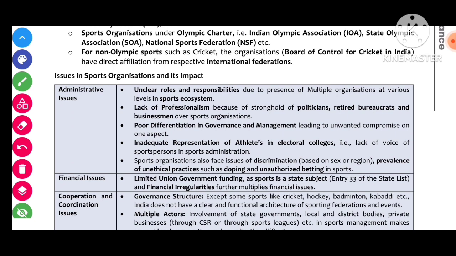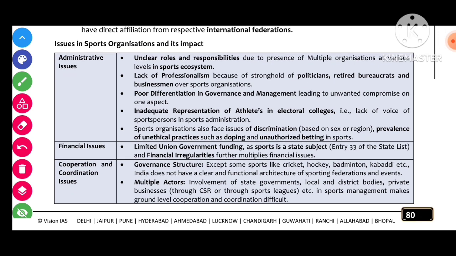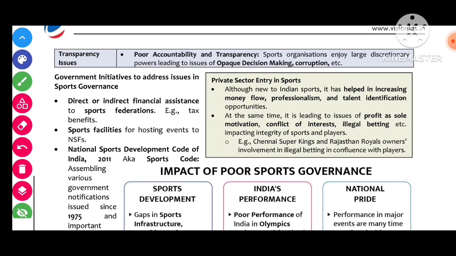And what are the issues in sports organizations and their impacts, such as administrative issues, financial issues, cooperation and coordination issues. So various types of issues are presently occurring in the Football Federation of India, or in sports governance.